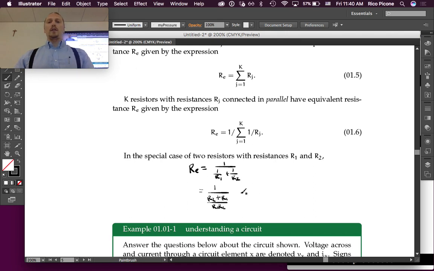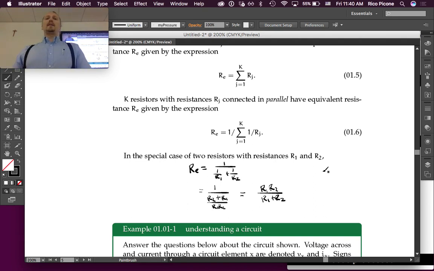Which, I'll write it over here, we can easily take the reciprocal, and, oops, not 1, you're going to want to have the ratio of R1 R2 come up to the numerator, and R1 plus R2 in the denominator.